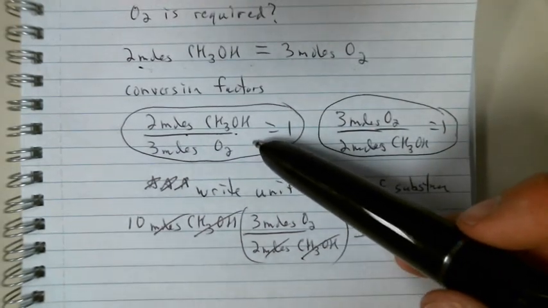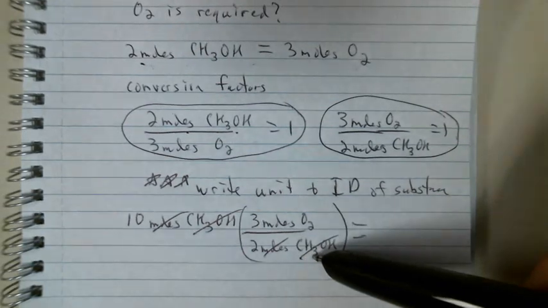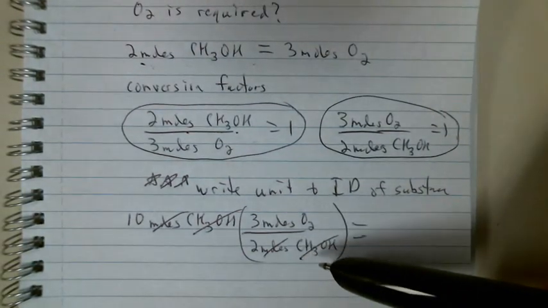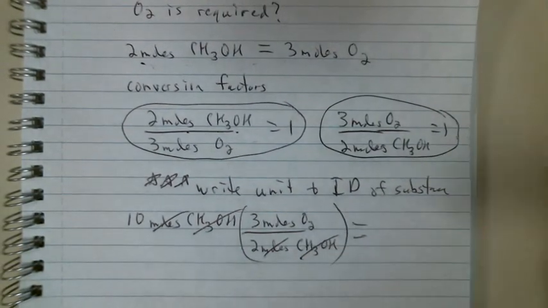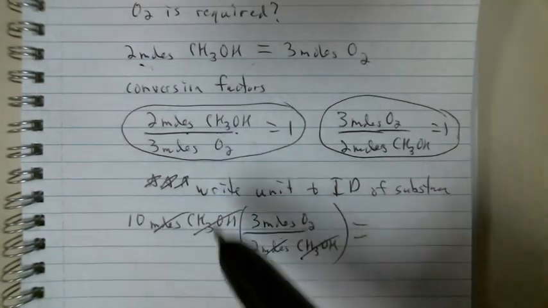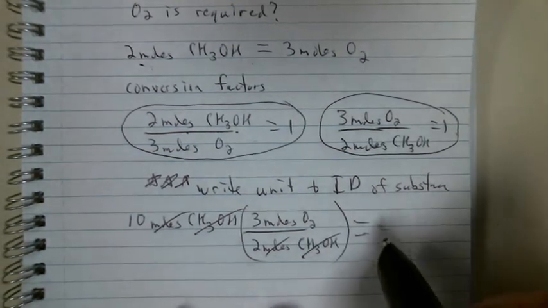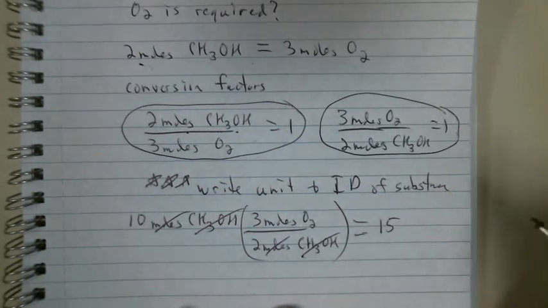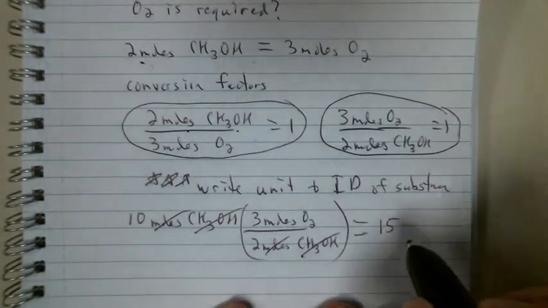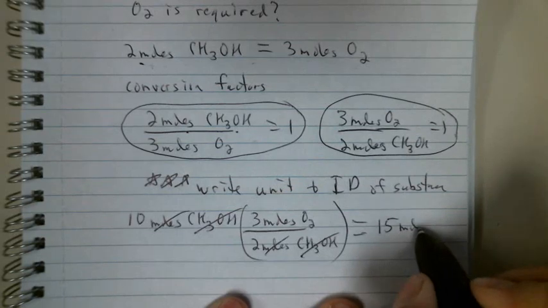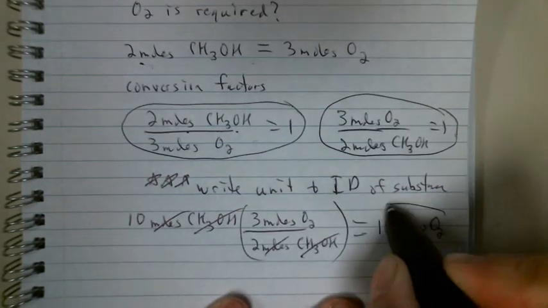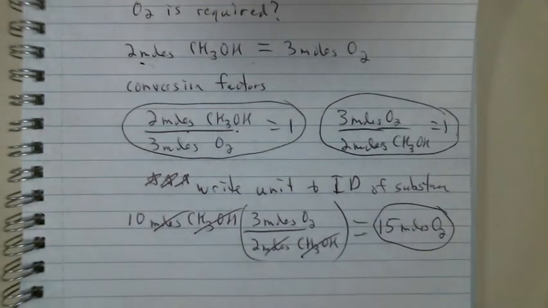Let's say I chose poorly. It wouldn't cancel out, and I would know I made a mistake, and I'm like, so what? I made a mistake. Big whoopee. I go back and do it with the other one, and then I get it right. So you don't have to sweat whether you make a mistake or not. And so 3/2 of 10, I hope, is 15. And that will give us our moles of O2. And that's the answer.